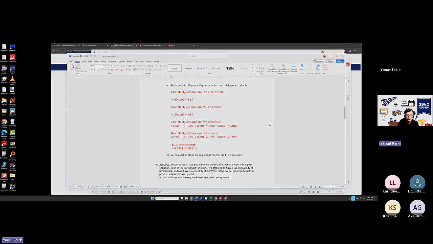At the end, you multiply the results from each component. In this case, the backup has 90% probability, and the switch will work only 99%, not 100% this time. So the number will be smaller.